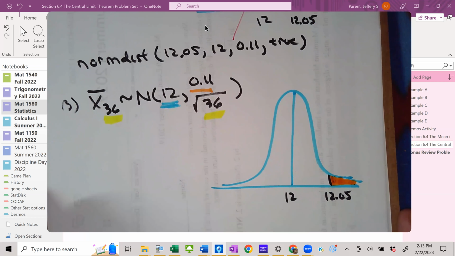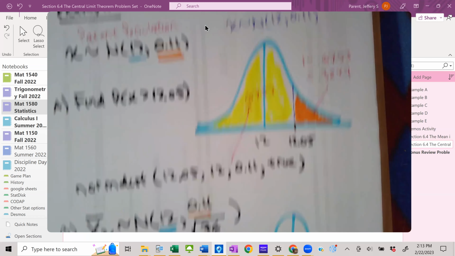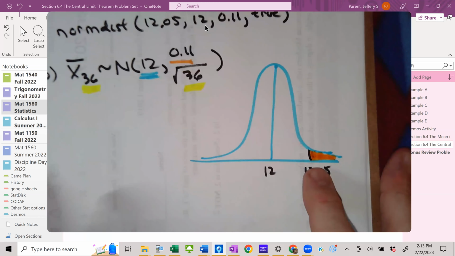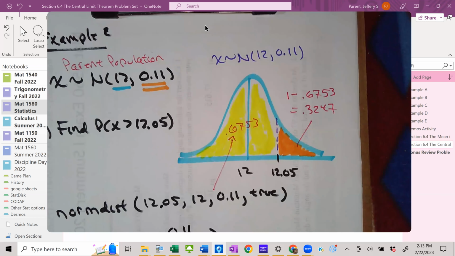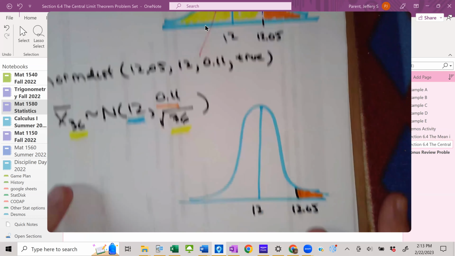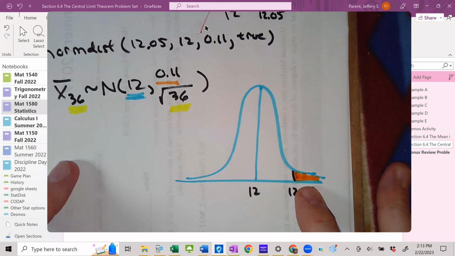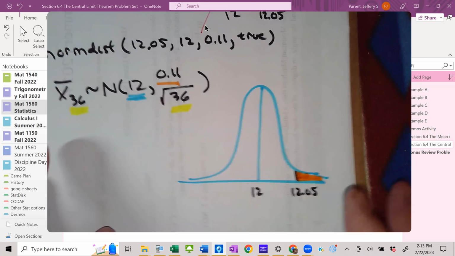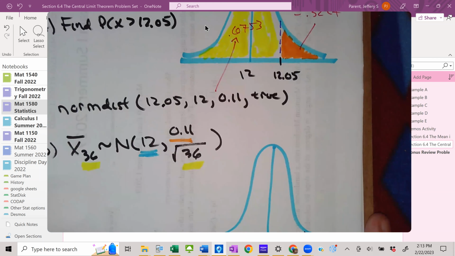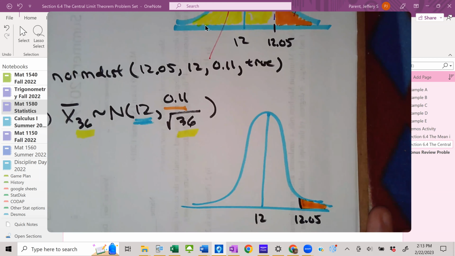But what I've tried to show is that this is more spread out than this. So if it's more spread out, it's easier to get areas in the right tail than it is down here. So do you think this probability is going to be bigger or smaller than this one up here? Smaller. Yeah, it's probably going to be smaller.